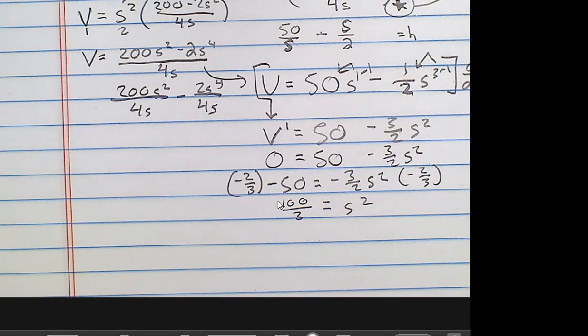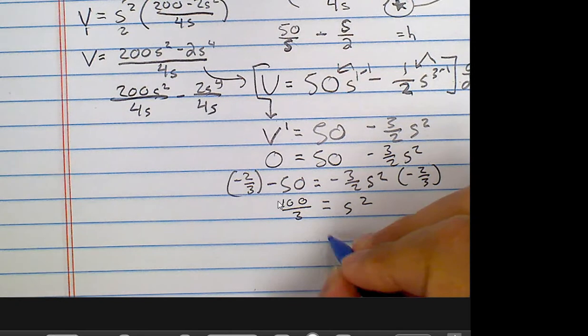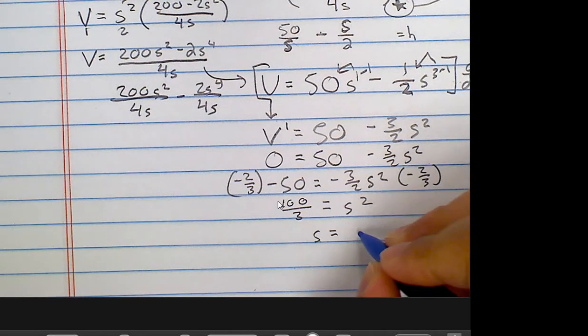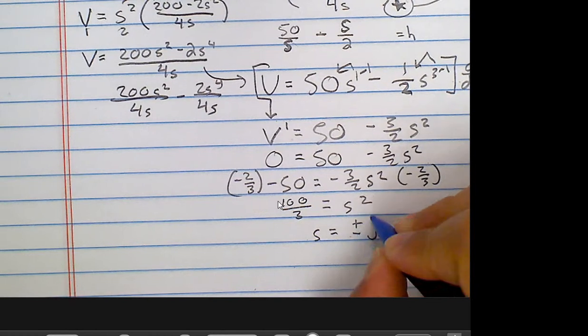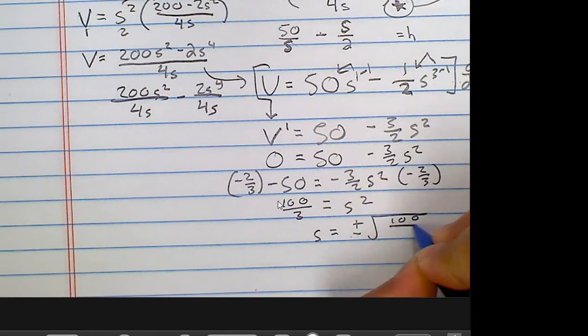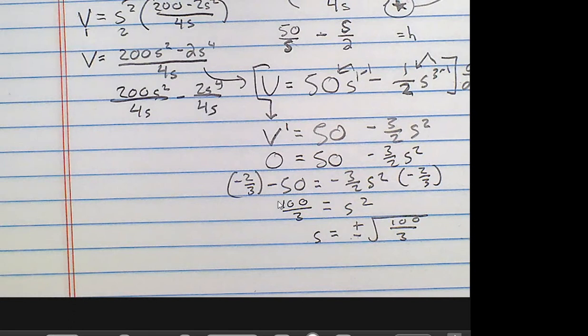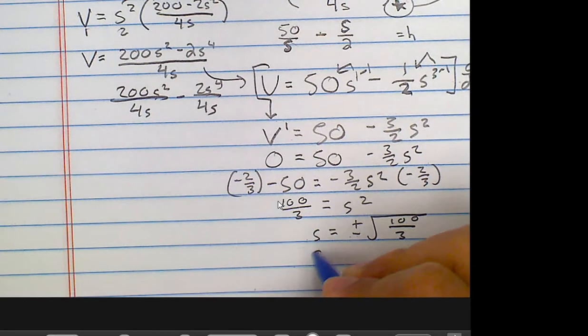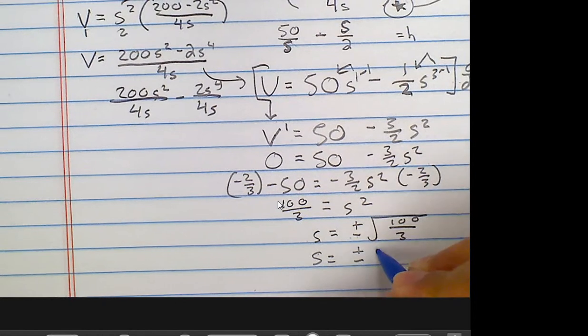So what are my two answers? Square root of 100 over 3. And I can simplify that just a tad. It becomes plus or minus 10 over the square root of 3.